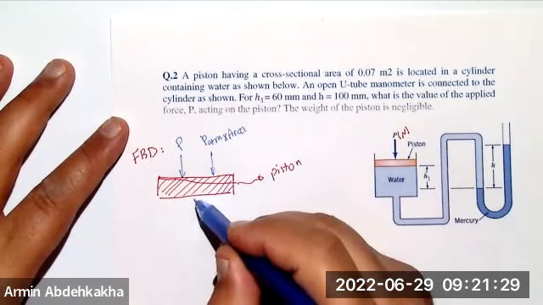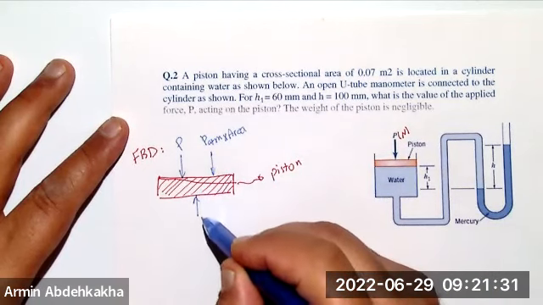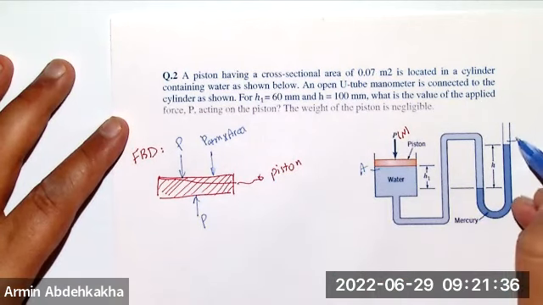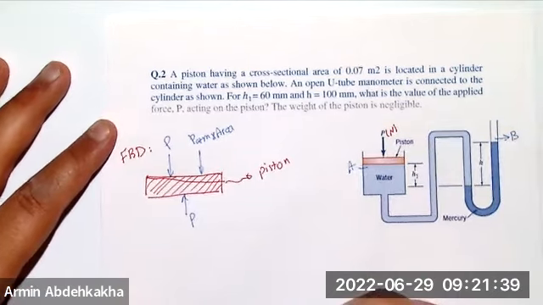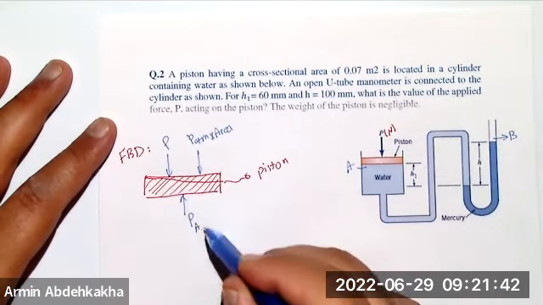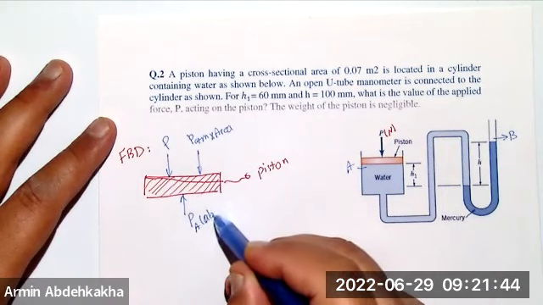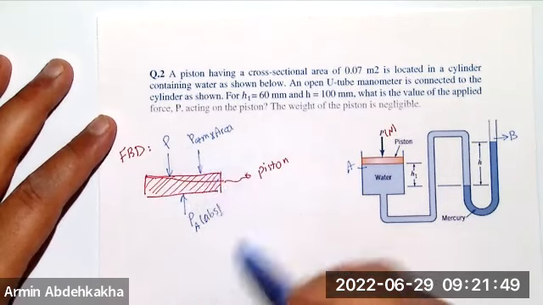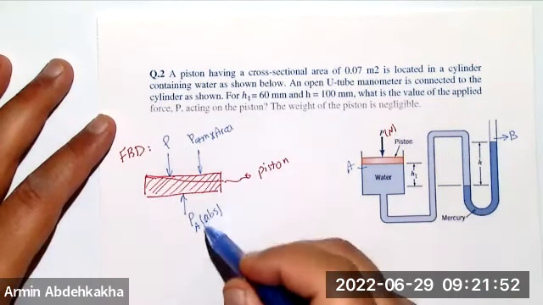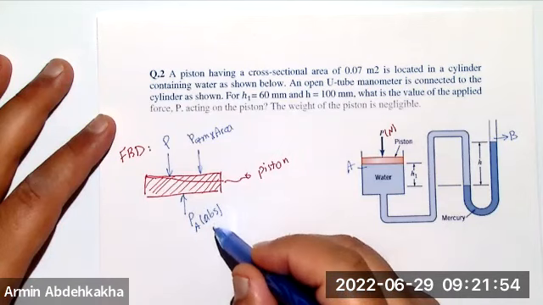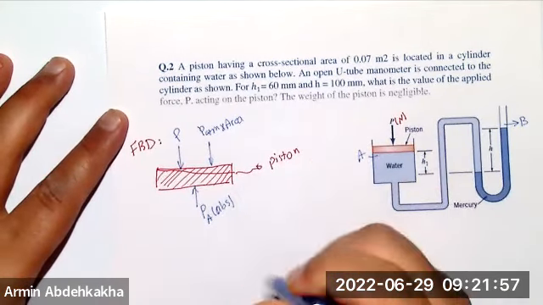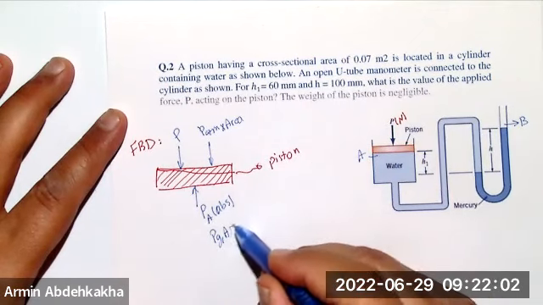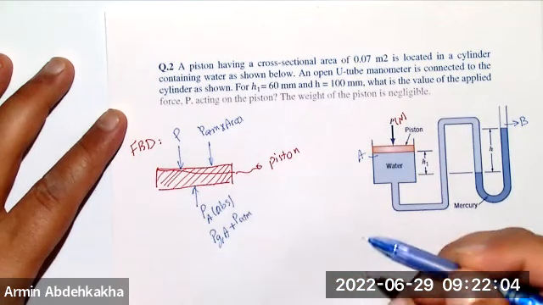So you have a pressure at a point. I will write that this is your A and that's your B. So you have a total pressure, or absolute pressure, at the bottom. The summation of these should be 0, but you know that P absolute means P gauge at point A plus atmospheric pressure, right?